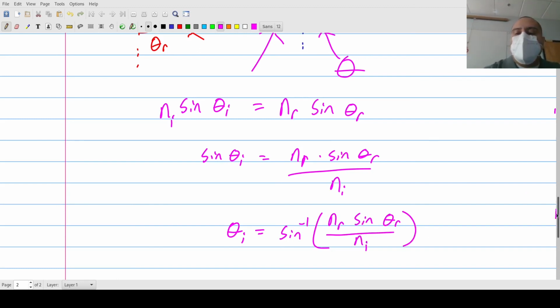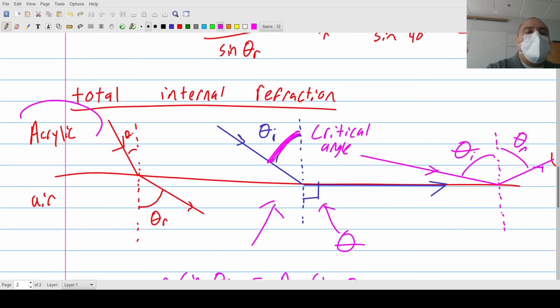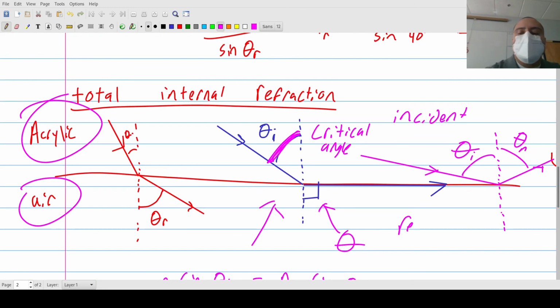For our acrylic here, we can calculate the critical angle. So I'm going to plug in theta incident is equal to sine to the -1 of n refracted. Well, this time we're going from acrylic to air. So this is the incident side, and this is the refracted side.